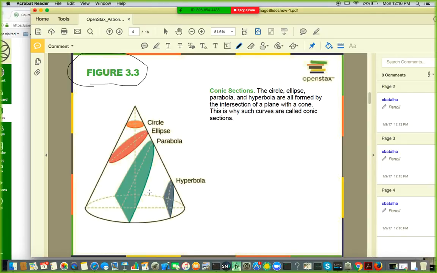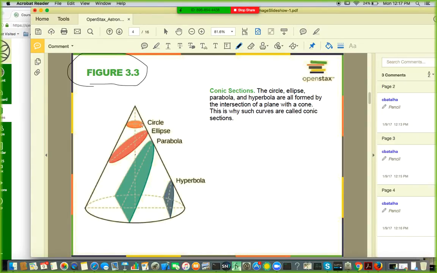So if you take a cone and cut it with a knife that goes perpendicular to this line, that's the line that goes through the center of the cone, the line for which the distance to the edges of the cone is the same all over. So if you cut this cone with a knife that runs perpendicular to the line, you define a circle.